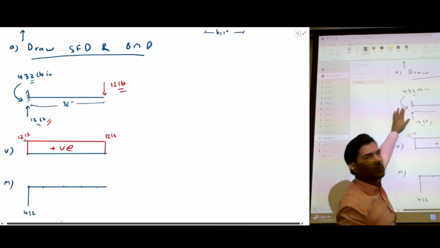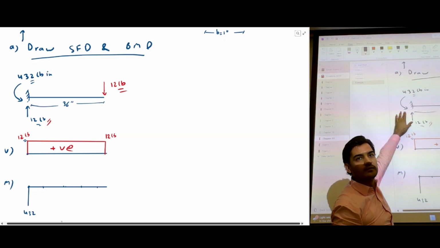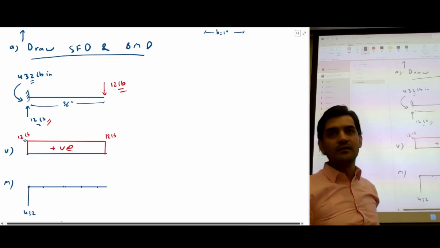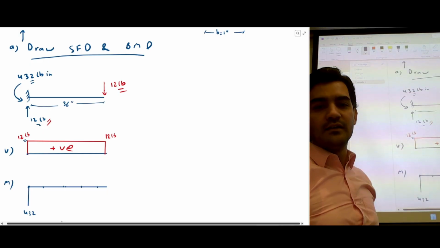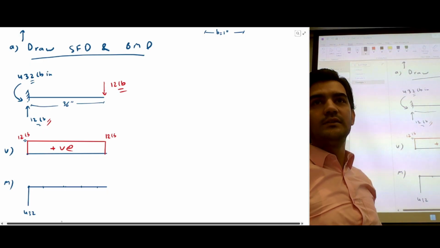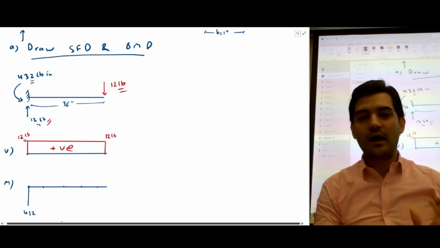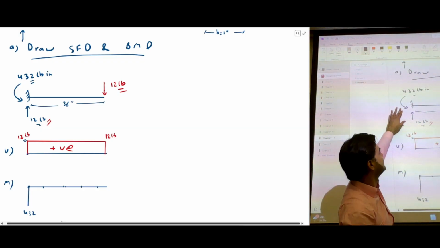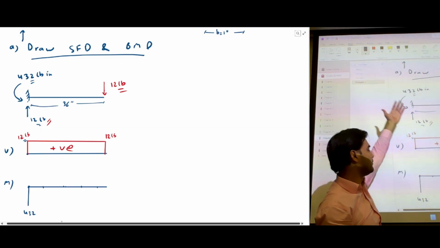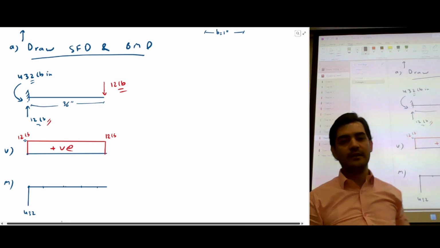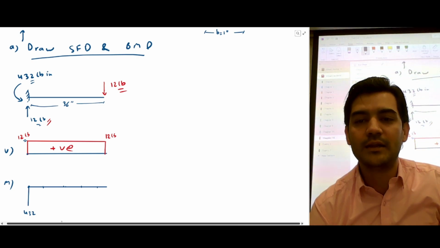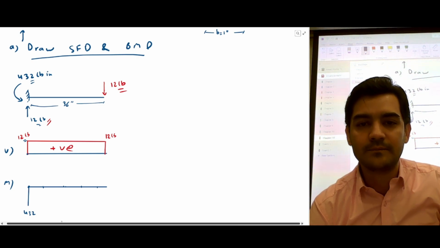At this support the moment is anti-clockwise, right? I know the confusion. Anti-clockwise is supposed to be positive, but this is negative, right? So how we decide the bending moment sign is, I can write here.